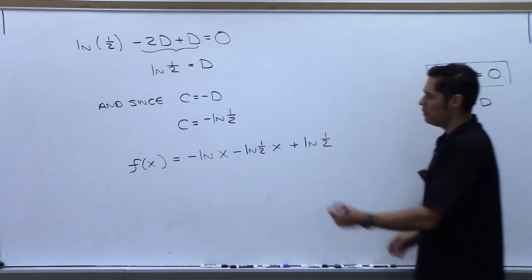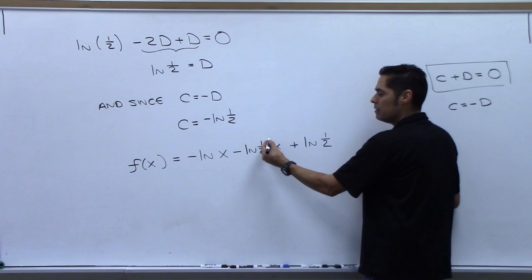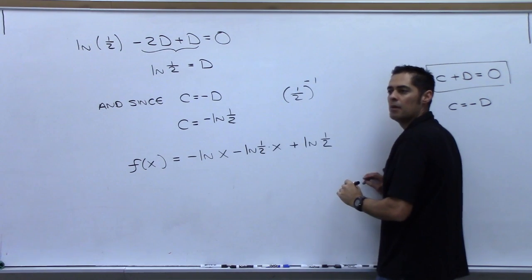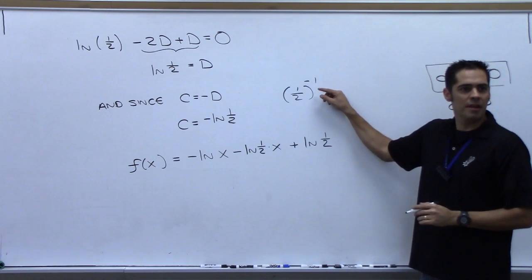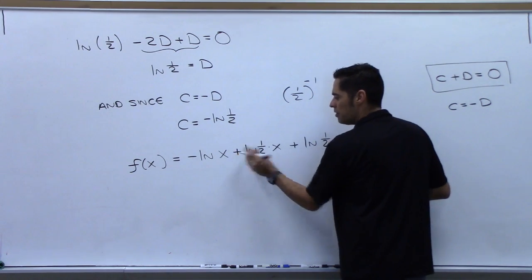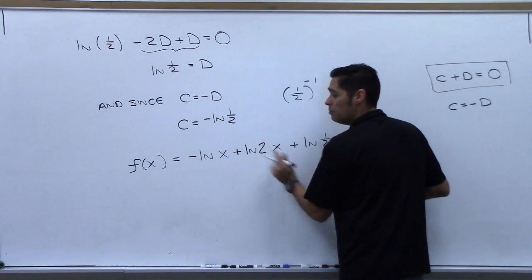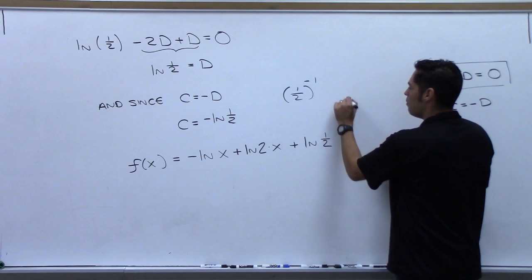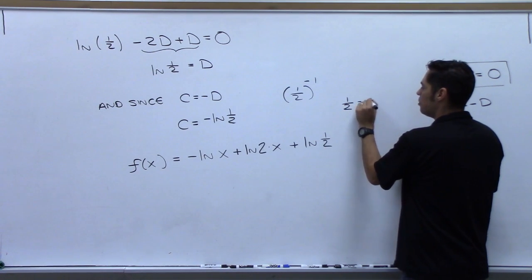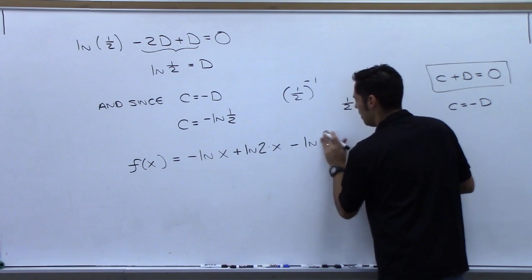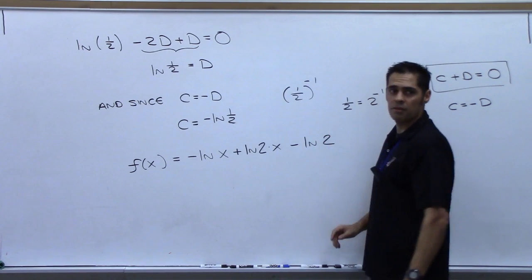They put this negative up, and that made it a 1/2 to the negative 1. And whenever you raise a fraction to a negative, you flip it. So they changed that to a plus and that to a 2. They rewrote that 1/2 as 2 to the negative 1, and they popped the negative out. They changed that to a minus, and they made this a 2. It's the same answer.